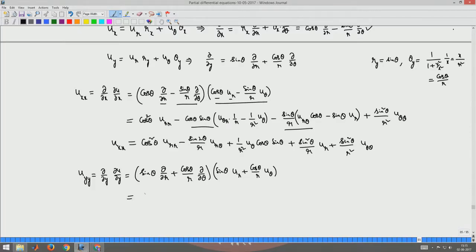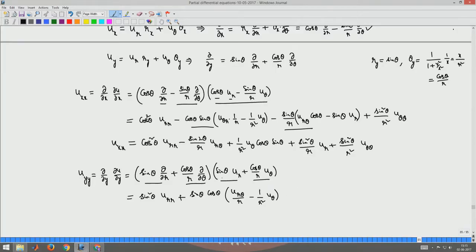So, if you actually do this, sin square theta u_rr, and this will be, if you act this on this term, and this on this term, plus sin theta cos theta, that is a common, and you are differentiating this u_theta r. So, u_r theta by r minus 1 by r square u_theta.